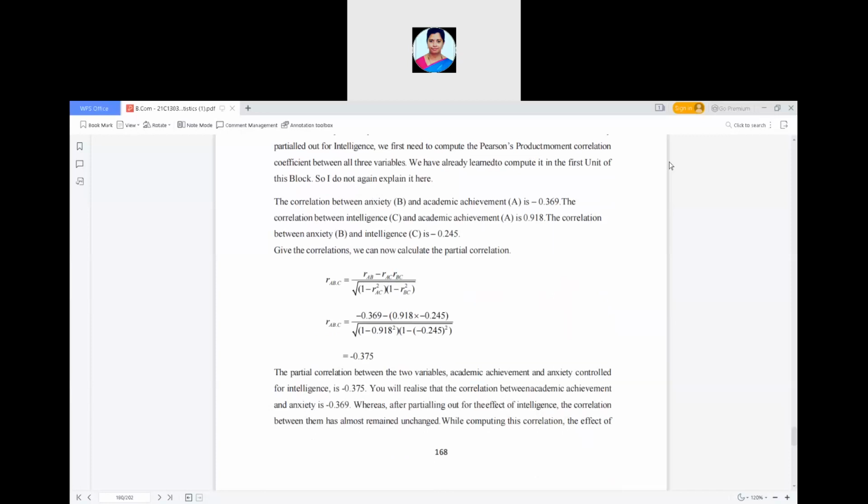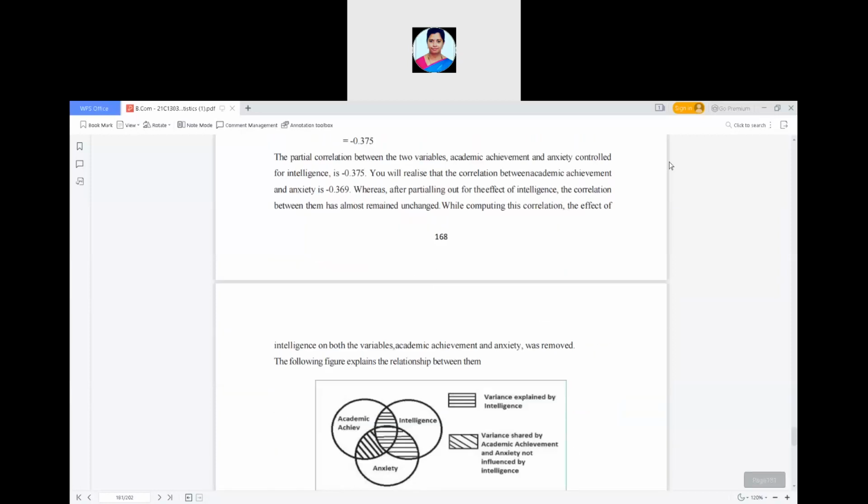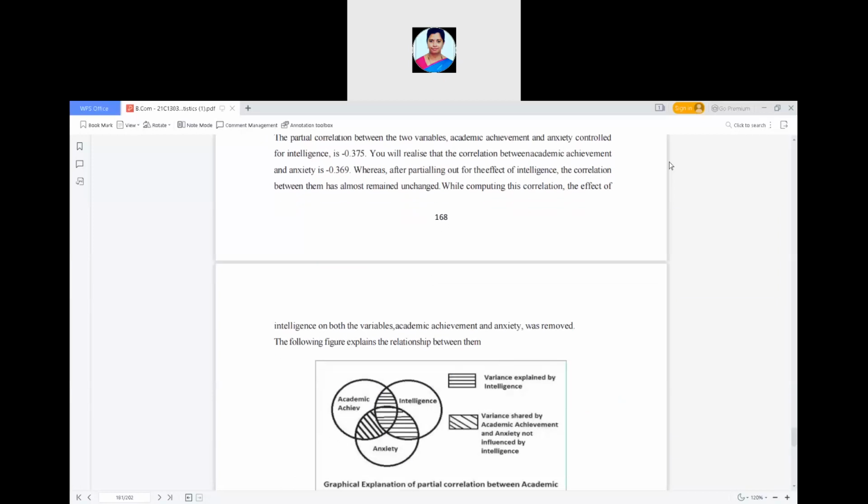We can see that the correlation between academic achievement and anxiety is minus 0.369, whereas after partialing out the effect of intelligence, the correlation between them has remained almost unchanged. While computing the partial correlation, the effect of intelligence on both variables, academic achievement and anxiety, was removed.